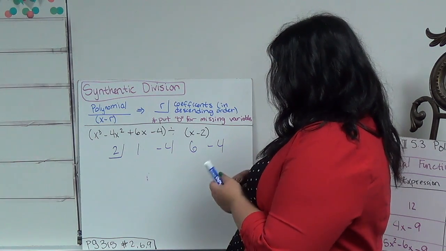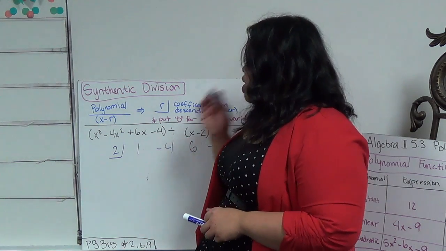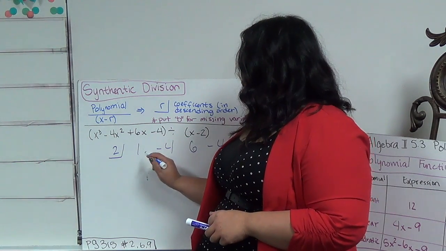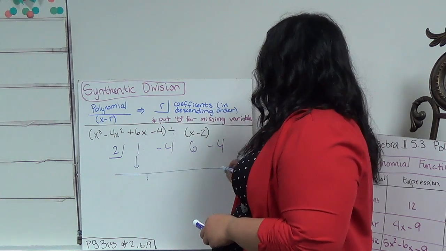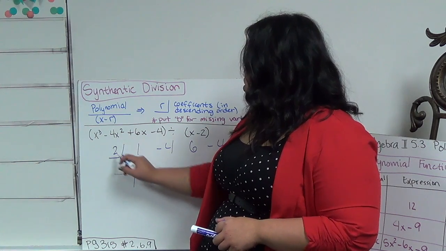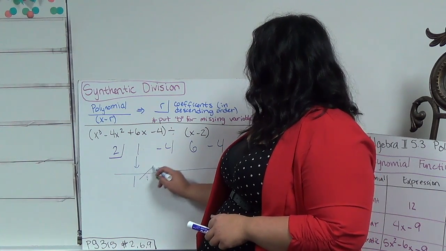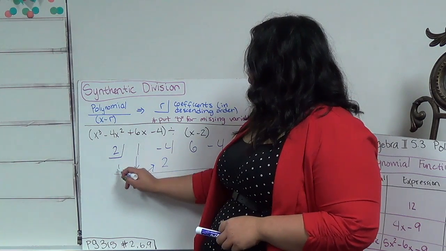Now watch what I do. I'm going to take the first number down, which is 1. Then I'm going to multiply it: 2 times 1 is 2. And I'm going to add.